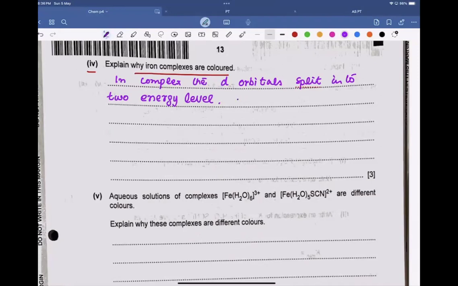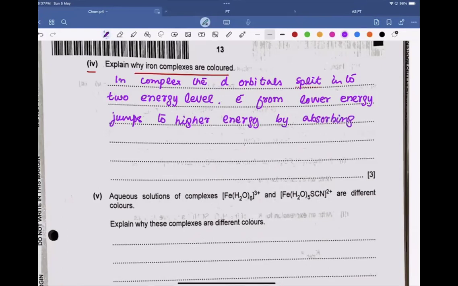Then an electron from the lower energy level jumps to the higher energy level by absorbing light energy.